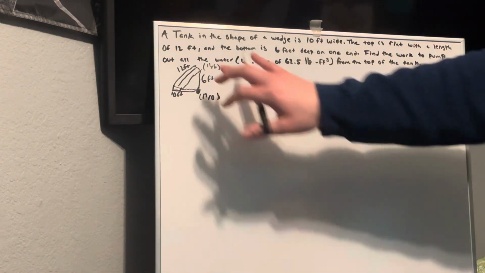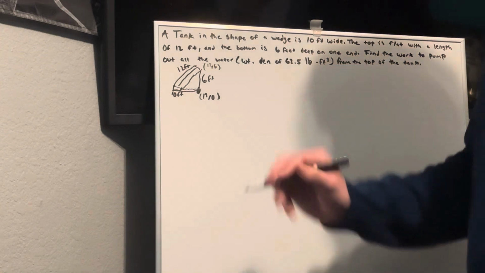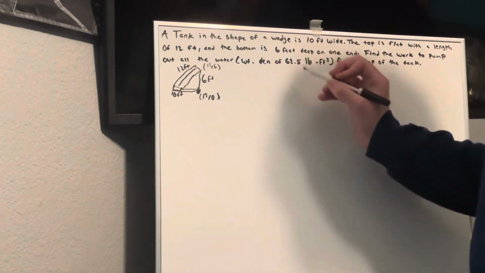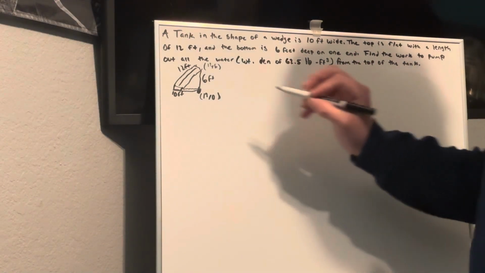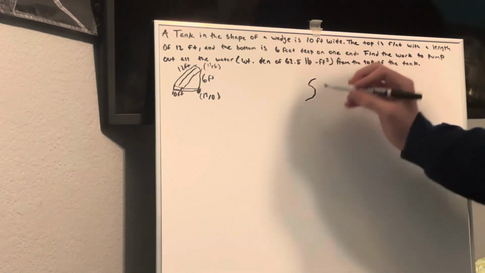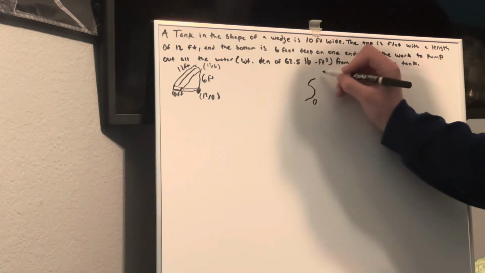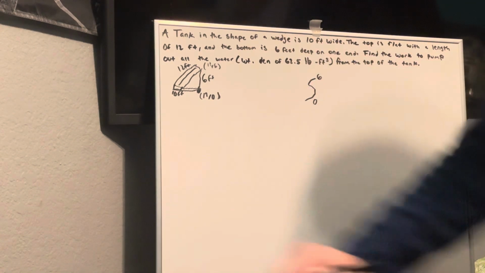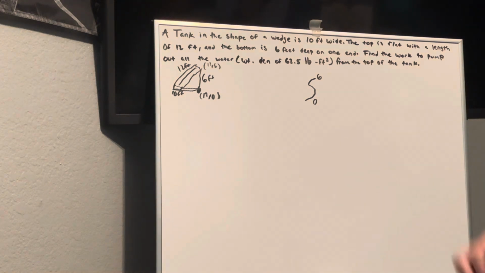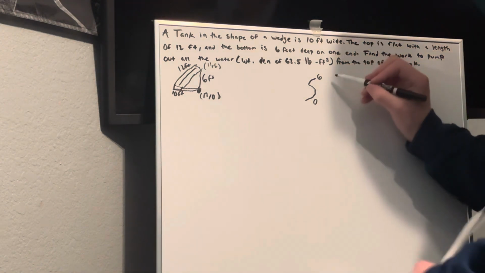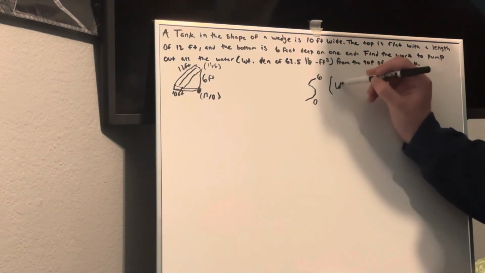All right, 12, 0, 12, 6. That means our bounds are going to be in the y direction. They are going to be from 0 to 6. That is our bounds.